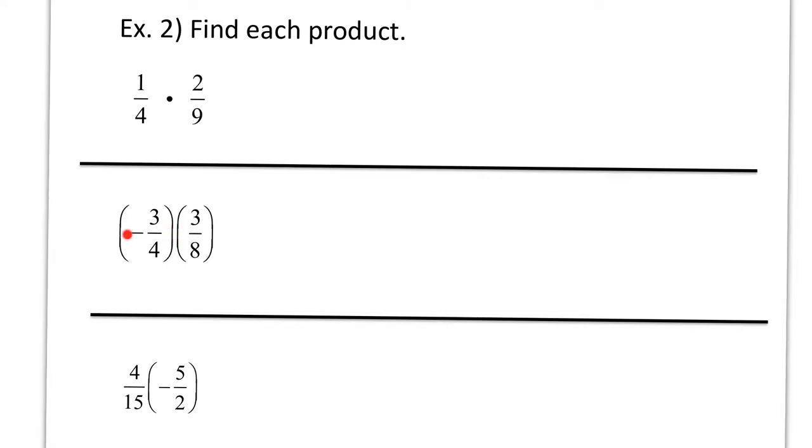So you're multiplying negative 3 over 4 times 3 over 8. This one, in between the fraction and the parentheses, you don't have a sign, plus or minus. So you are multiplying, okay? You do have a negative, but that's inside of the parentheses. I'm talking about outside of the parentheses and between the fraction and the parentheses. So we're multiplying all of them.